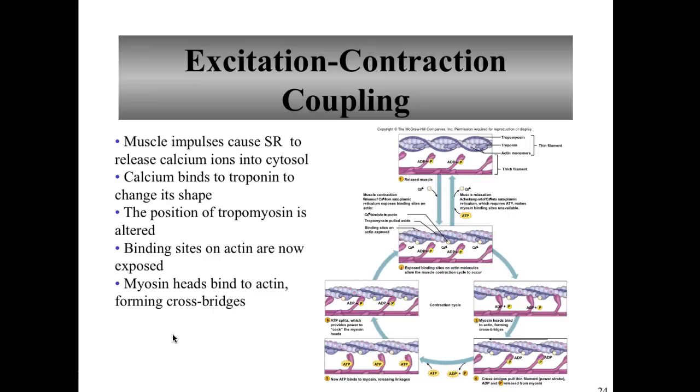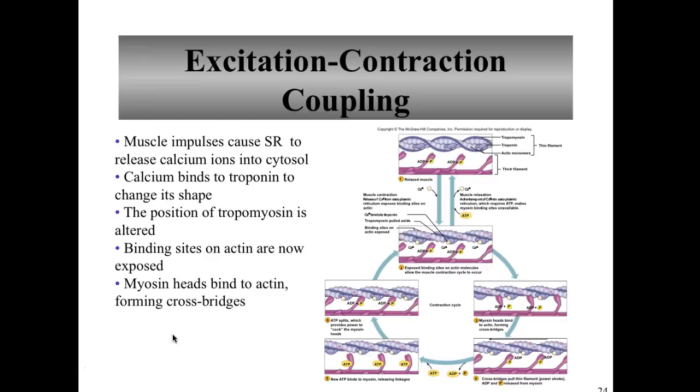In excitation-contraction coupling, the muscle impulse reaches the sarcoplasmic reticulum, and it's going to release calcium ions into the sarcoplasm of the muscle fiber. Then, the calcium binds to troponin, moving tropomyosin and exposing the myosin binding sites on the actin filaments.